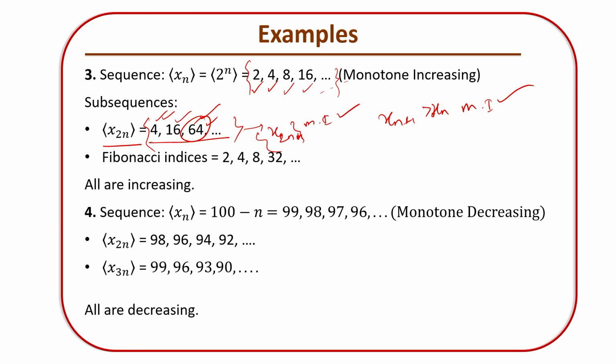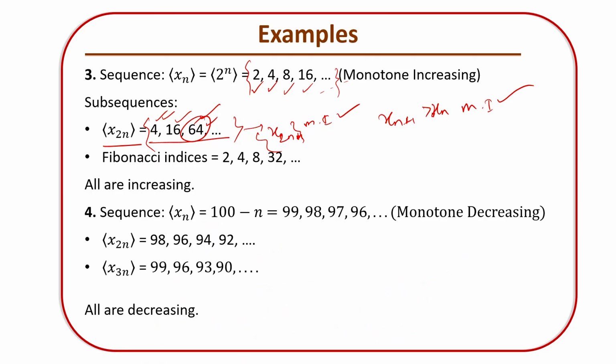Now if you remember the example of the Fibonacci sequence, where we defined f_{n-1} plus f_n gives you f_{n+2}, where f(0) and f(1) are given as 1. So 1, 1, 2, 3, 5, 8 and so on.